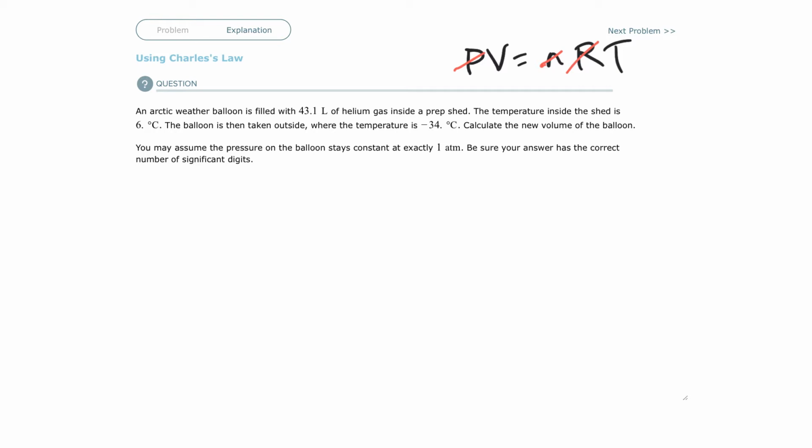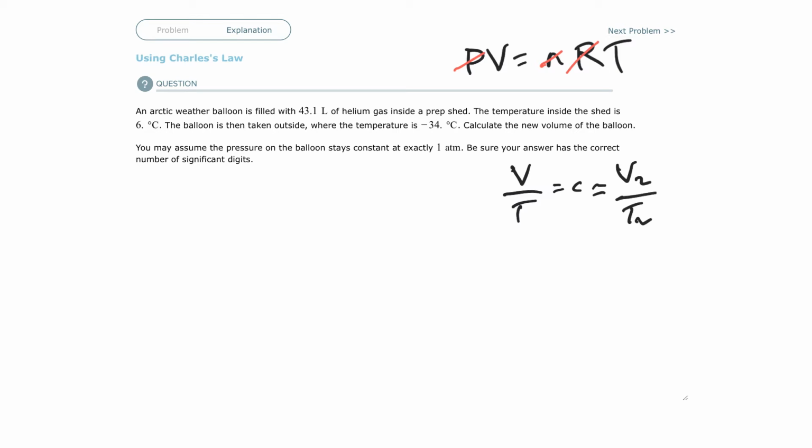Right? So if I were to make a formula out of this, I want everything on one side and a constant on the other side. If I want the V and T on the same side, I'm going to have to divide by T, and that's going to be equal to some constant. That means if I change the V, I make it go up, then it's also going to be equal to that same constant.